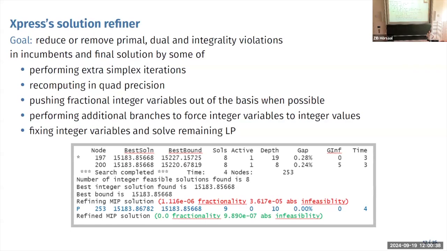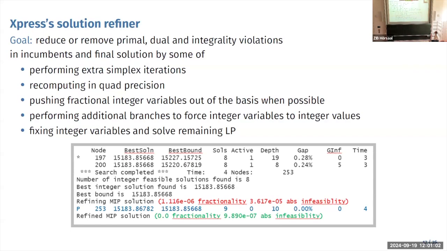Whenever an integer variable has a fractional value, that means it cannot be at its bound, so it must be part of the basis. And you can try to pivot to a different basis, a different representation of the solution where this integer variable is then forced and fixed to the bound, which is of course integer.